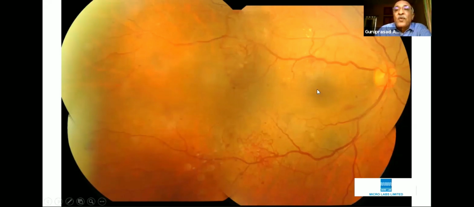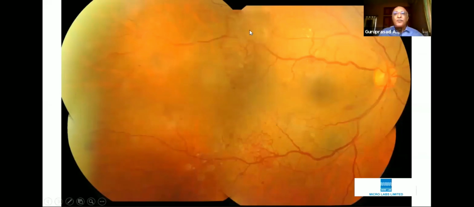Coming to the mid-peripheral area, you can see that about 3 disc diameters from the fovea along the superior temporal arcade, there is an area of arborizing vessels, a neovascular area extending for about 5 to 6 disc diameters vertically and about 2 to 3 disc diameters horizontally, roughly quadrilateral in shape, straddling the superior arcade.